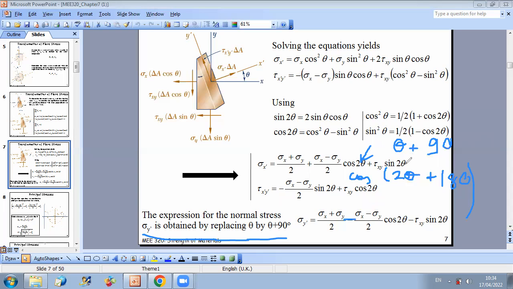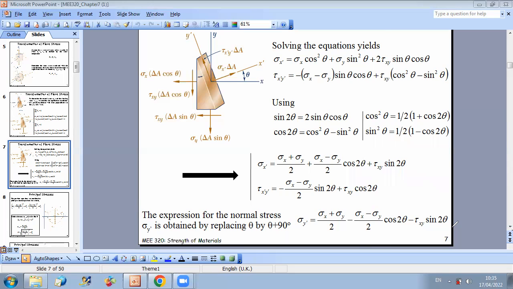And the same for this term: it will give you plus tau xy sine (2 theta plus 180), and sine (2 theta plus 180) is also equal to minus sine 2 theta. So you can easily deduce the expression of sigma y prime: sigma y prime is (sigma x plus sigma y) over 2 minus (sigma x minus sigma y) over 2 cosine 2 theta minus tau xy sine 2 theta.